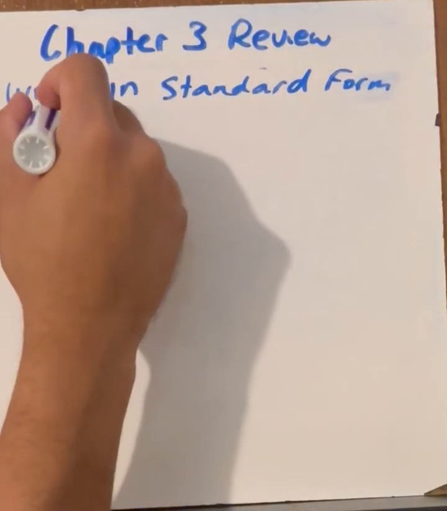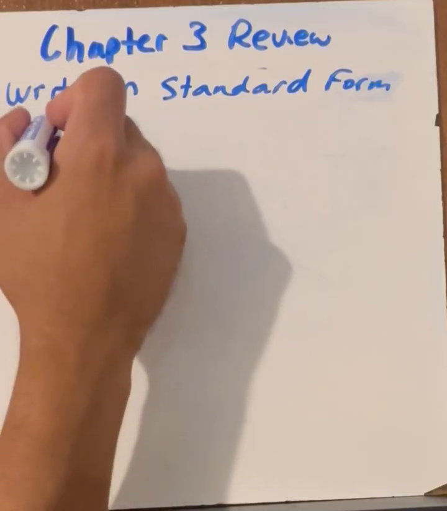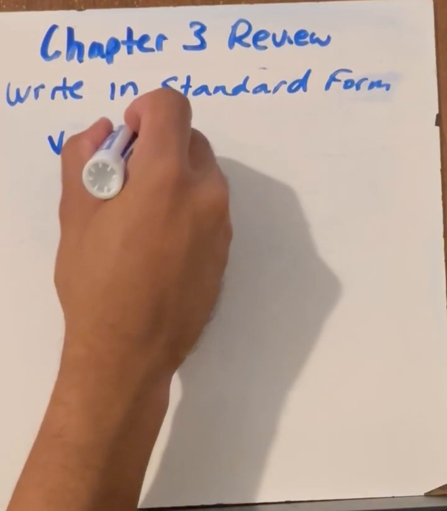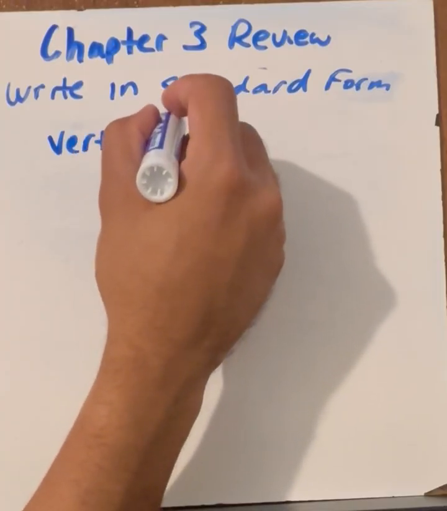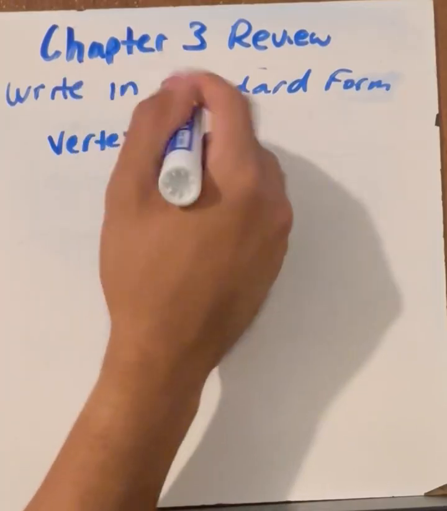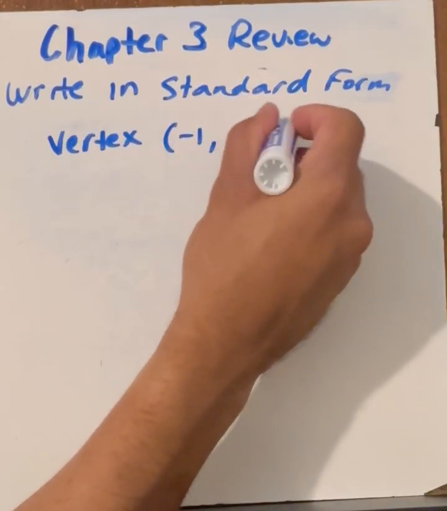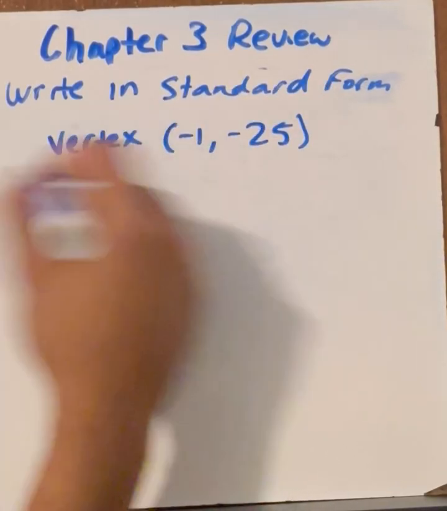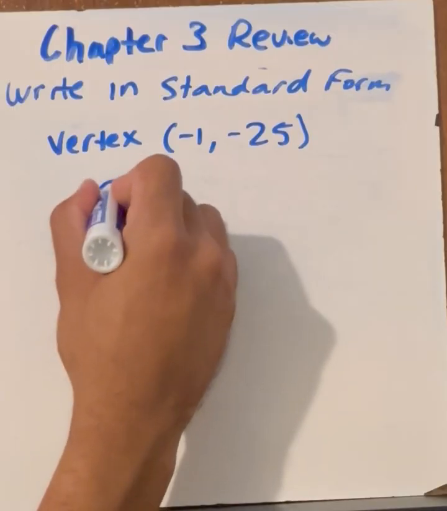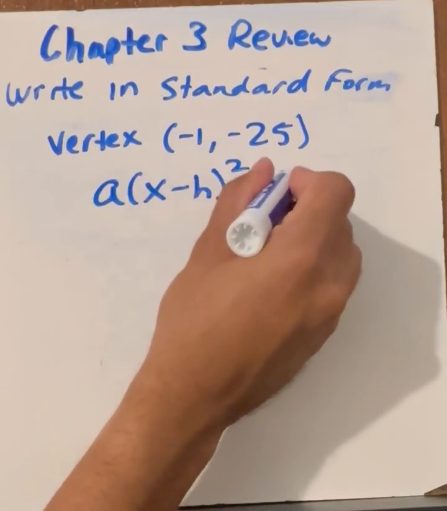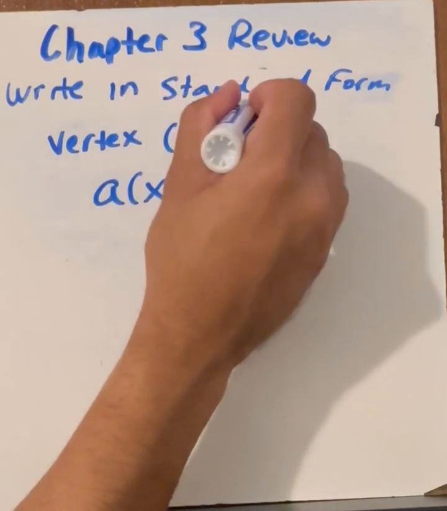based on the condition, and let's say the condition is that the vertex is -1, negative 25. Okay, so we know that because they're asking for a vertex, we're going to use our vertex form, which is a times x minus h squared plus k, where h and k are in the vertex.